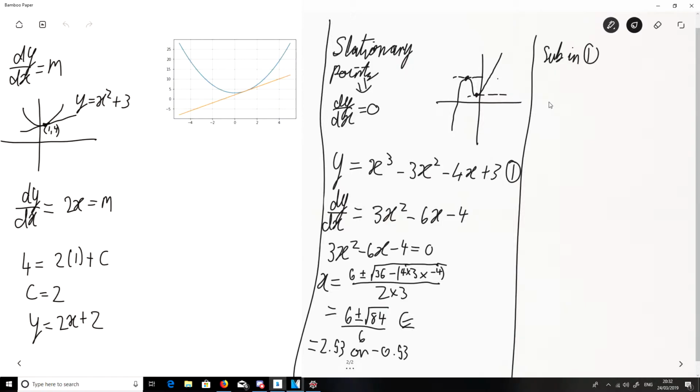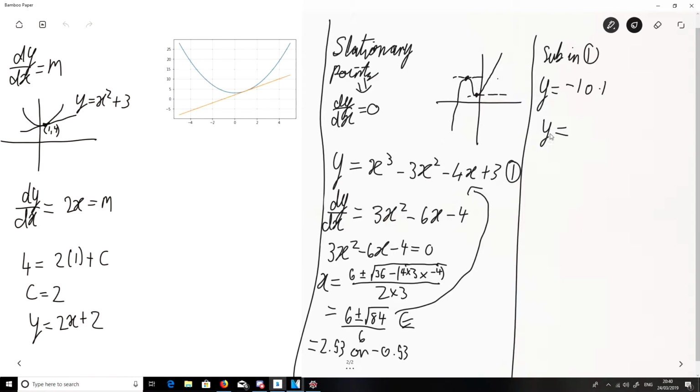So substituting those in, it'll be way too long-winded for me to write out all of that properly, but these x values just need to go all into this equation. So subbing into there, we find that y is equal to minus 10.1. So substituting in the negative value, that gives us minus 0.53.